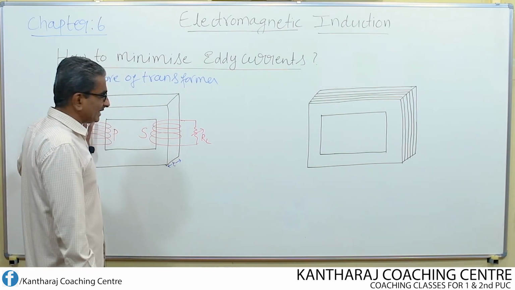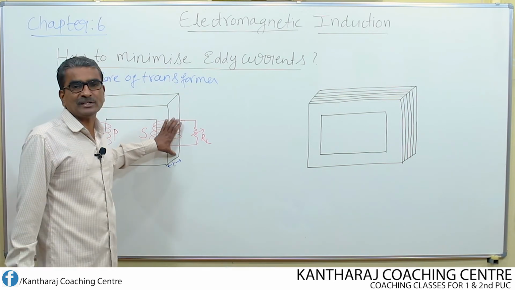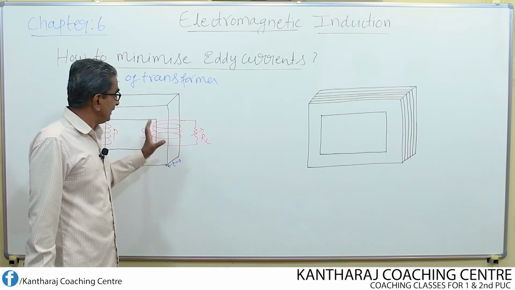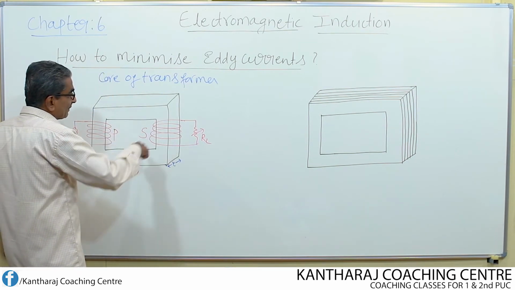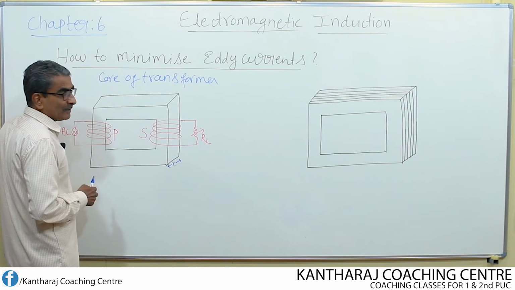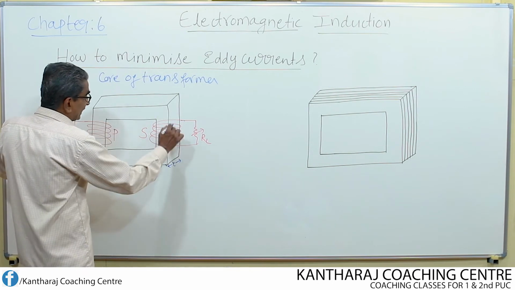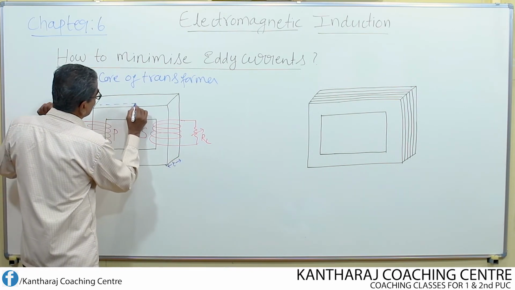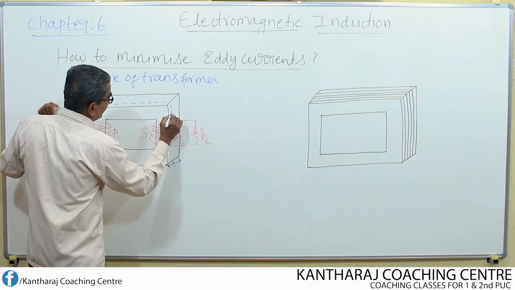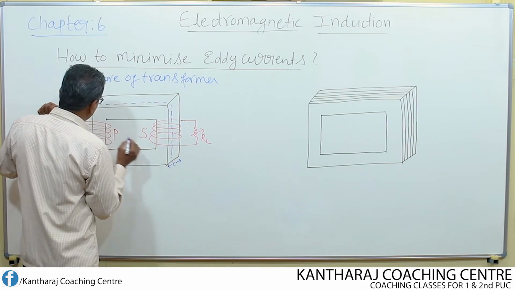Okay, if you pass the current in one coil, an EMF is induced in the secondary coil. Now, the change in magnetic flux is going to produce the eddy current on the surface of the core. Look here, I represent the eddy current by means of a dotted line, a circulating current.